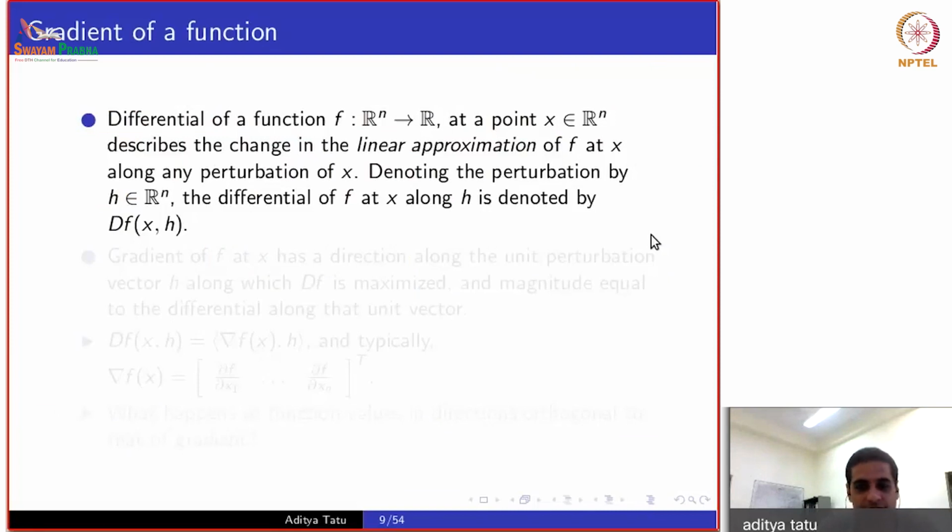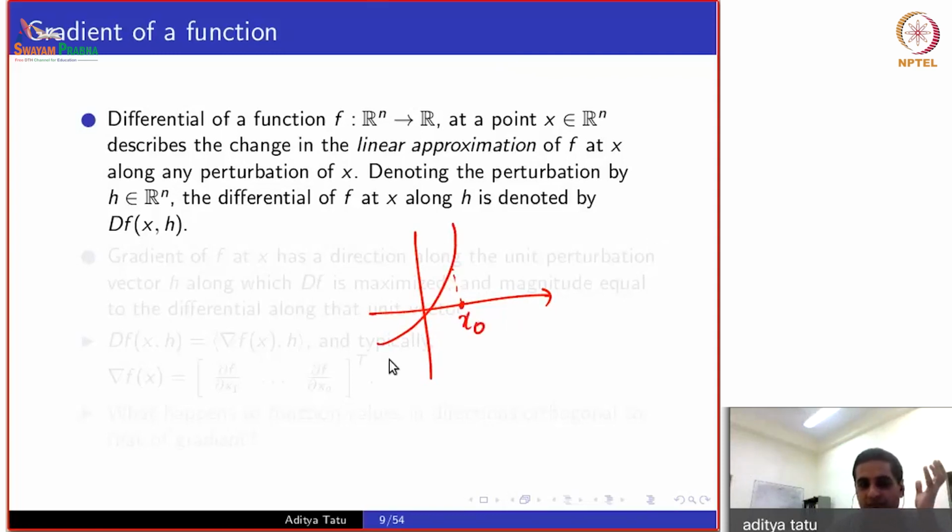The differential of a function is basically doing a linear approximation of the function around that point. So if I have a function that looks like this, and I take a look at this point, the function is not linear. It is maybe x square or x cube or something.